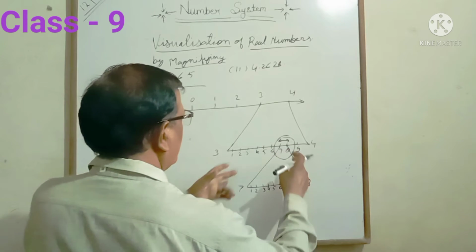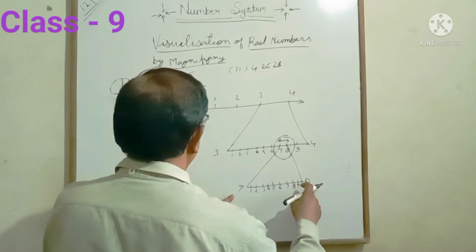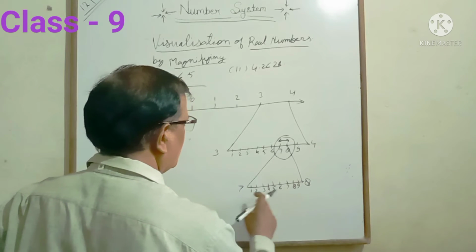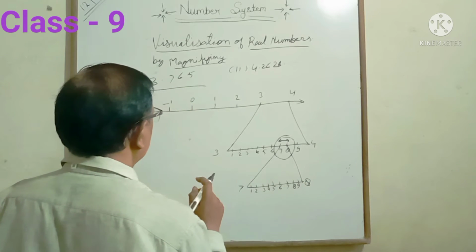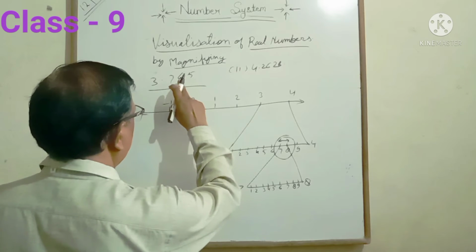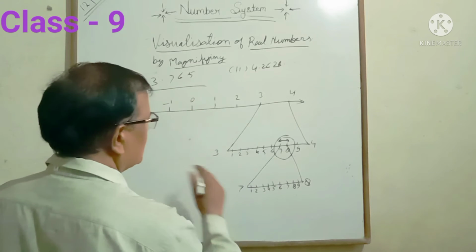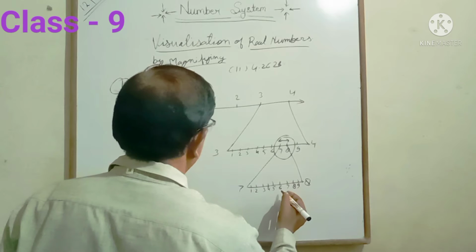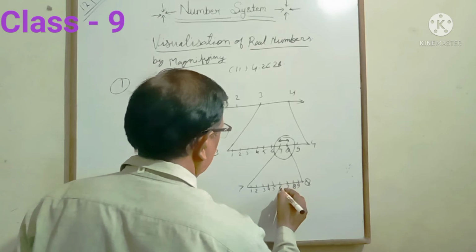We expanded and divided into 10 parts. Now we get that it lies between 6 and 7.